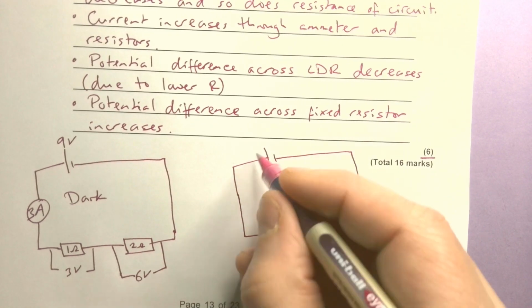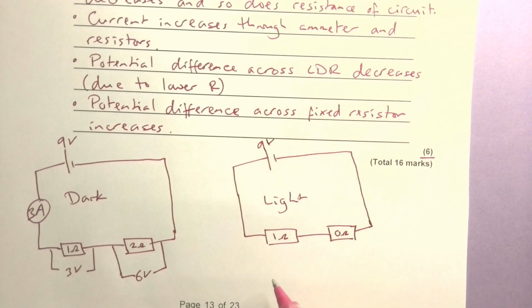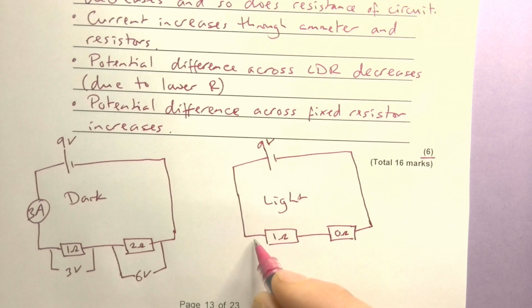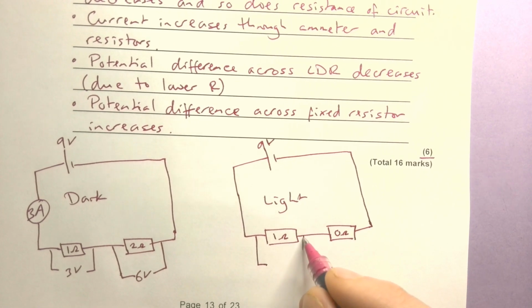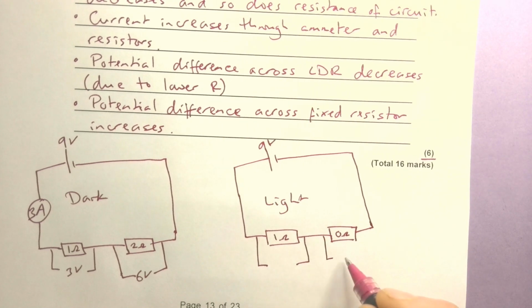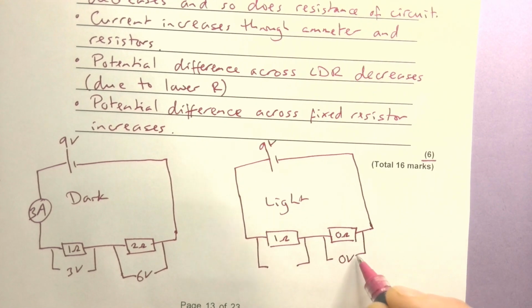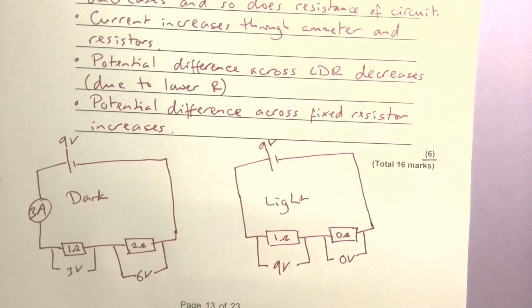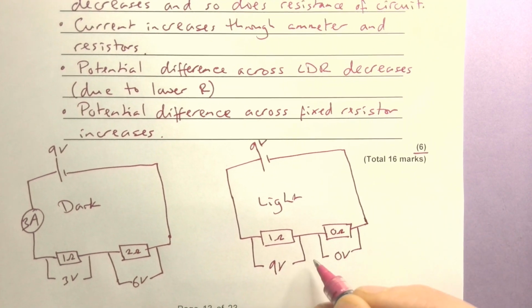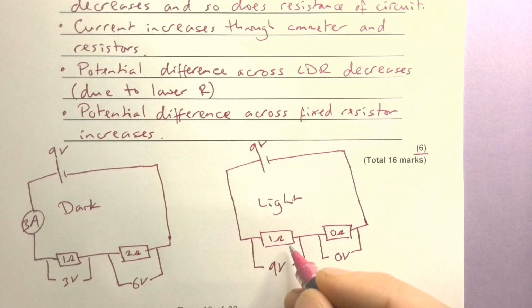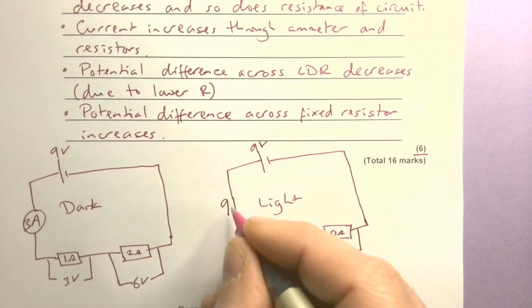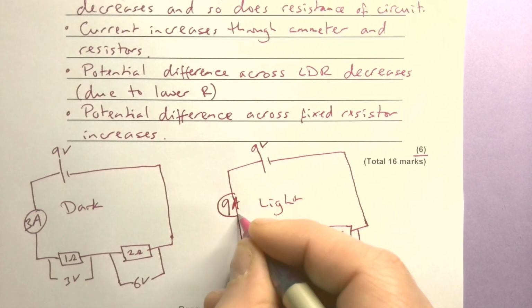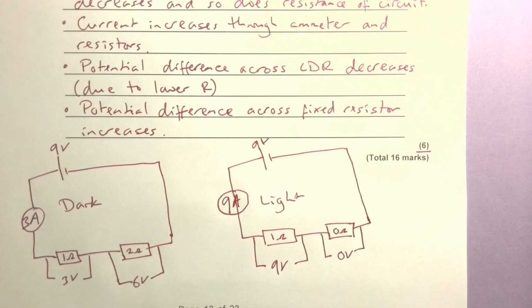I now know that 9 volts there, well, there won't be anything shared across there at all, because V equals IR. In that case, potential difference there will be 0 volts, which means that's got to be 9 volts. And if I've only got 1 ohm there, this will be a total of 9 amps.